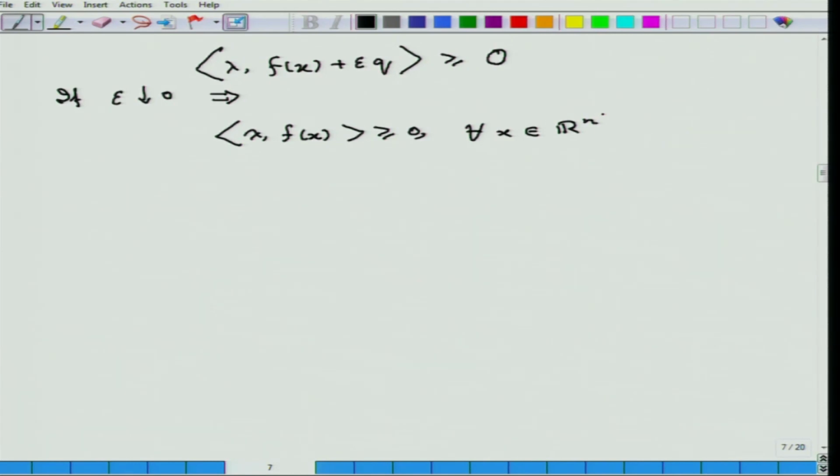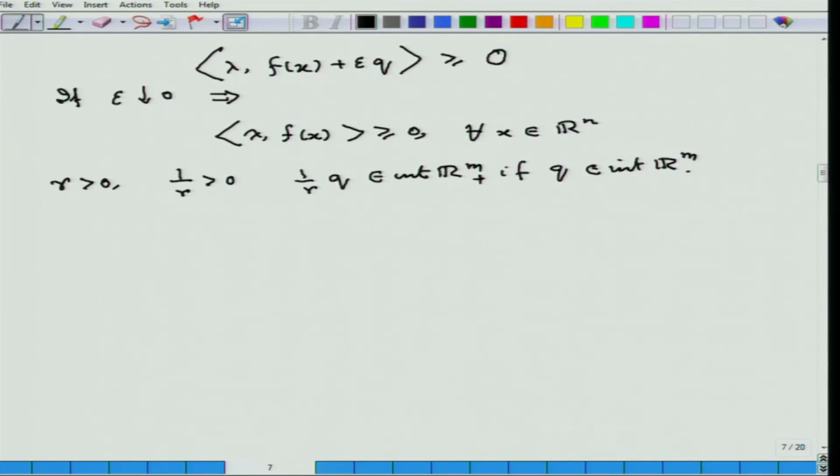Now, take r to be greater than or equal to 0, and 1 by r is greater than or equal to 0. So, 1 by r into q is an element of the interior of R m plus if q is in the interior of R m plus. Actually, you know, the interior of R m plus is a cone, and so it is a conic structure.